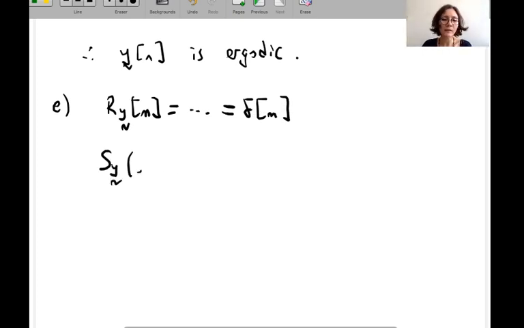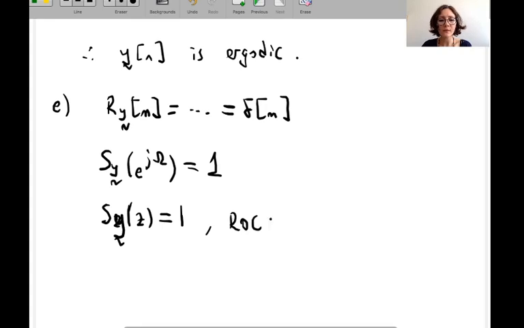Then you can take the Fourier transform of the impulse, the Z transform. So any impulse only at m equals 0 will have a constant DTFT equal to 1. Very similarly, if you look at the Z transform of this Sy of z, you will also get 1. And the region of convergence here, I'll let you work on this, but you can show that the region of convergence is the whole complex plane. No part of the complex plane is excluded.